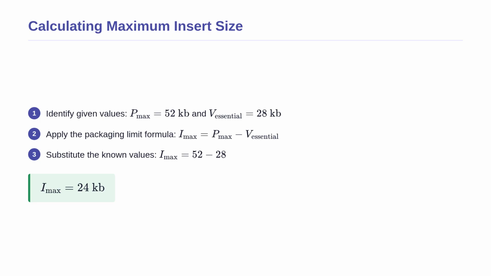We chose our packaging limit formula because it directly relates these variables. By substituting 52 for the maximum capacity and 28 for the essential DNA, we perform a straightforward subtraction. The result is 24. This means the engineer can successfully clone a continuous piece of foreign DNA up to 24,000 base pairs long into this specific vector without bursting the phage head.